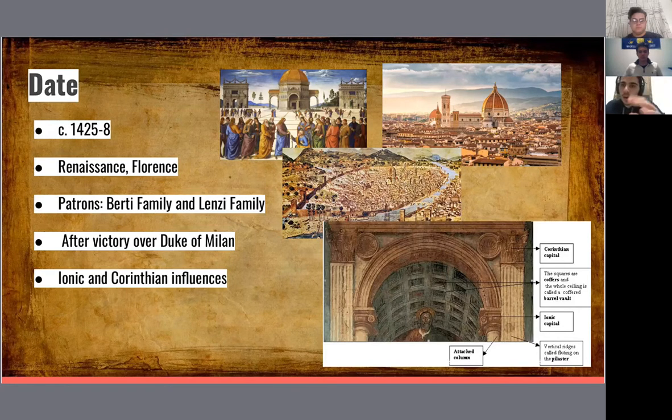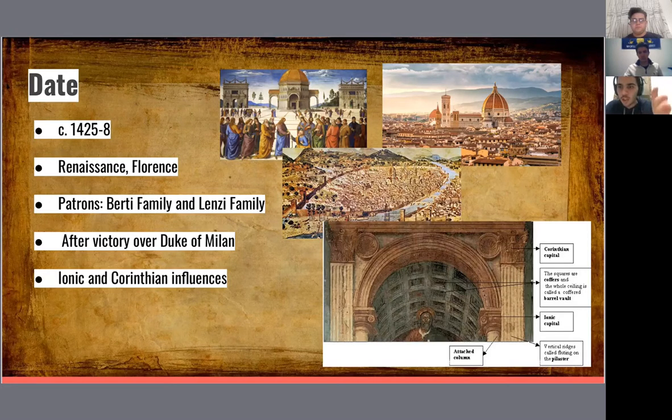We see the two donors, as Eduardo mentioned in his slides, the Lenzi family and the Berti family. The Berti family were very wealthy, and they were the supporters of this image, and they are depicted on the left side of the cross of Christ. On the right side, we have the Lenzi family, a working class family who are also believed to have supported this image.